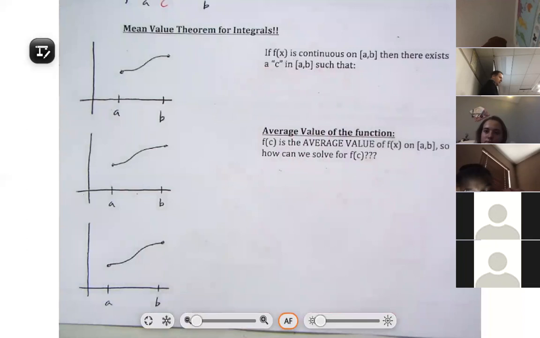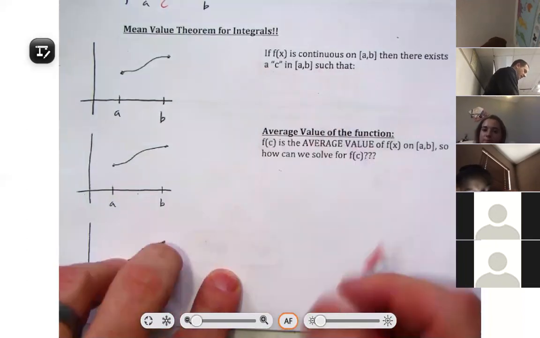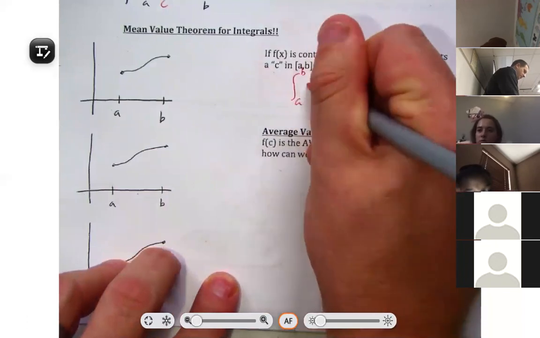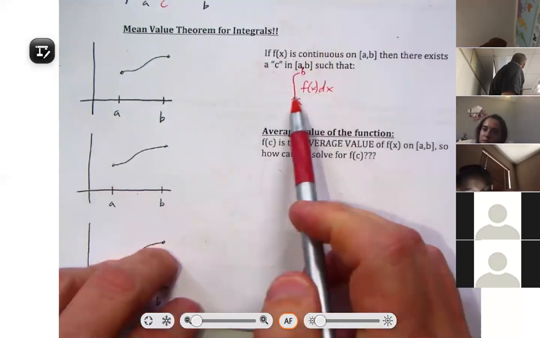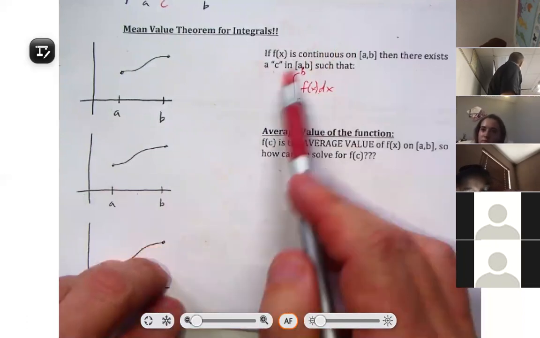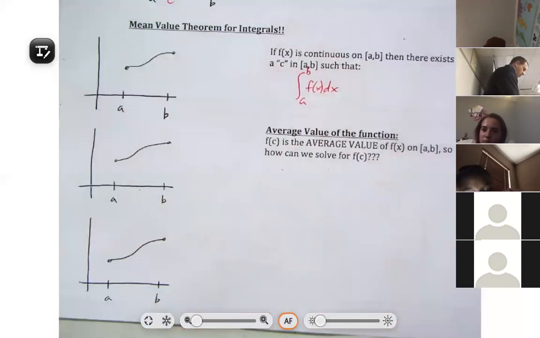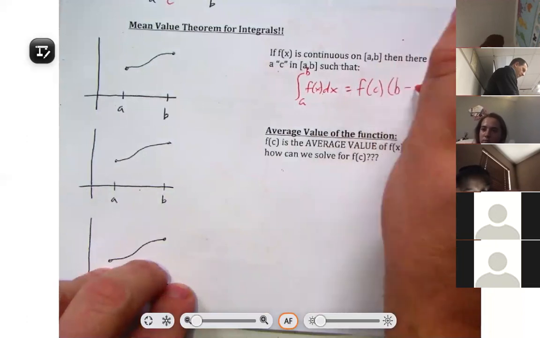And then I'll make it make sense. But there's some c value such that the integral from a to b, so this is the area under the curve. Like this is the exact area under the function. There's some c value where this is true.